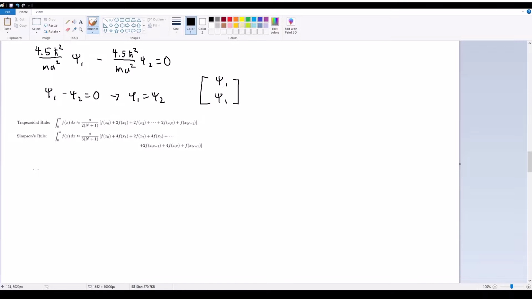the integral from 0 to a of magnitude psi squared dx is roughly equal to a over 2 times n plus 1, which is going to be 3, which is going to be a over 6 again, this time for the trapezoidal rule. And then we're multiplying by psi 0 squared plus, in this case, all the middle terms are just 2.